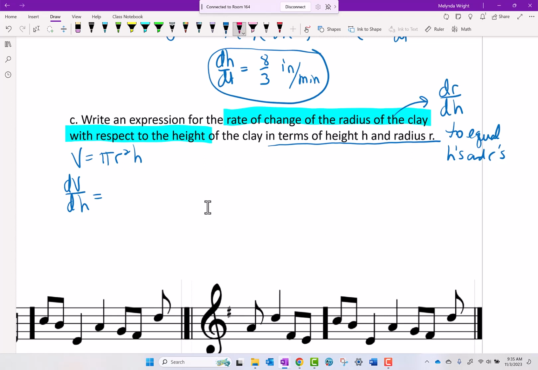I'm going to do the same thing as before. This would be my f and this would be my g. Now remember it's with respect to h. So 2 pi r dr dh, plus, so derivative of the first, copy the second, plus copy the first, the derivative of the second.